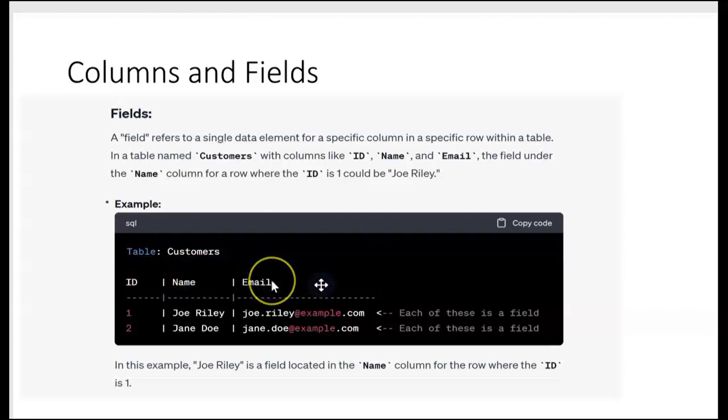Name is a separate column than email in the table known as customers. So the field under the name column for a row where the ID is 1 is Joe Riley. We'd say that Joe Riley is a field located in the name column for the row where the ID is 1, because Joe Riley is customer ID number 1.